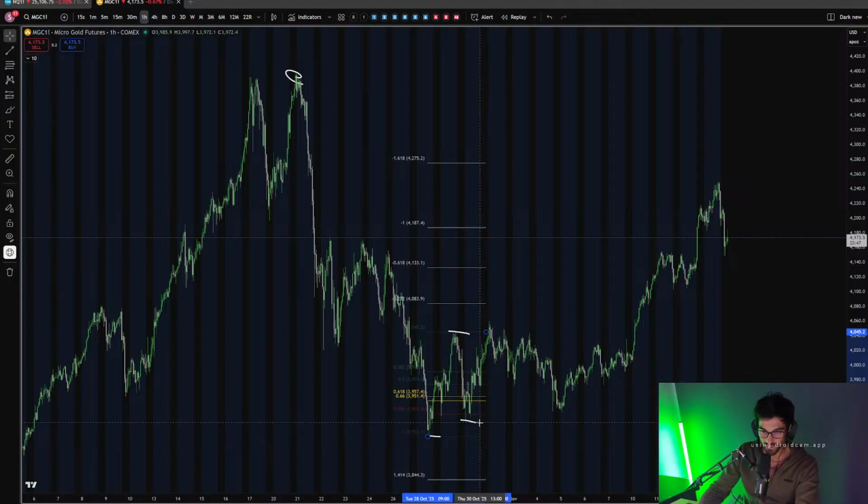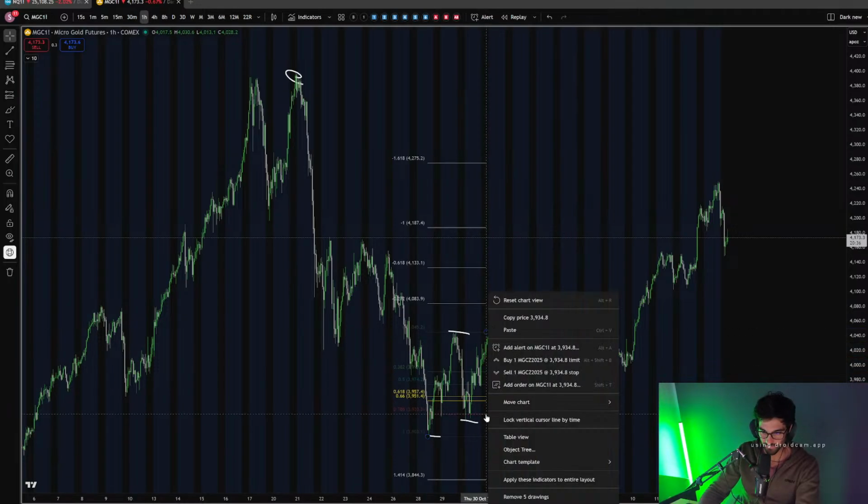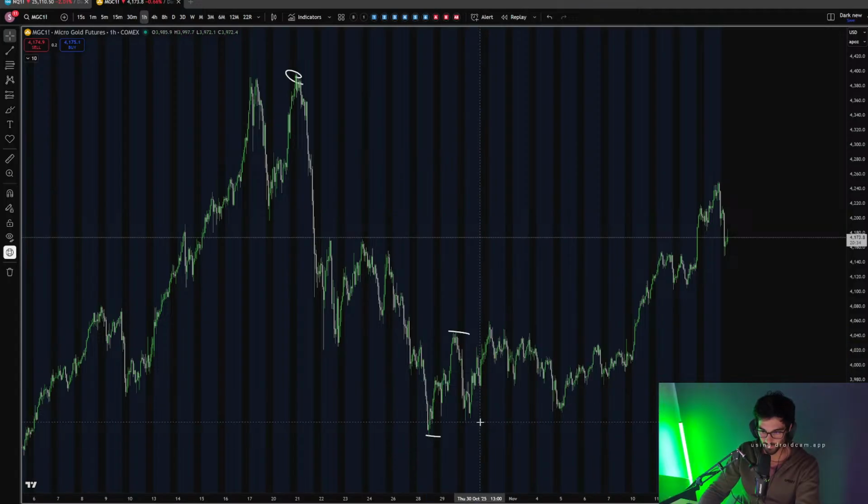You can see that the push through the high was very weak, and what we did, we traded back through these lows, to these lows, but not through.